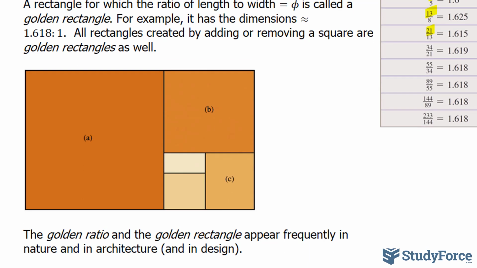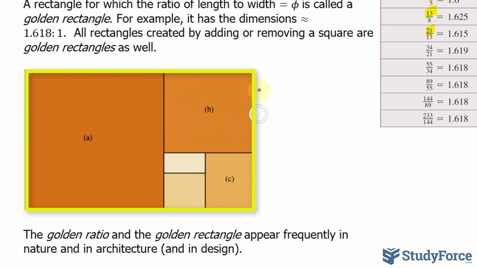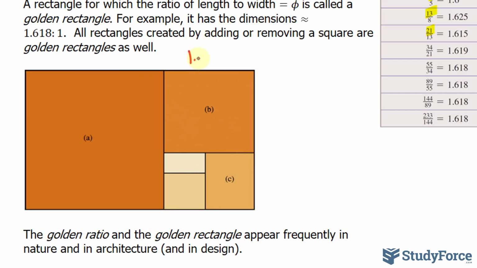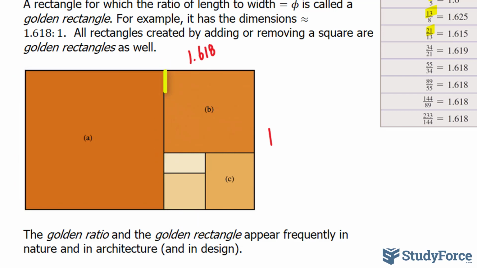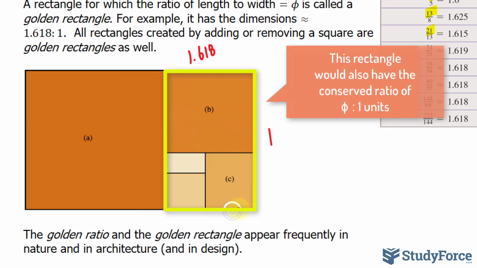Underneath here is an example of the golden rectangle. So let's say we started off with this bigger rectangle, which had the dimensions of 1.618, which spans from here to here, and from here to here, 1 unit. From this rectangle, if I were to create a square that is 1 by 1, I would end up with this rectangle.